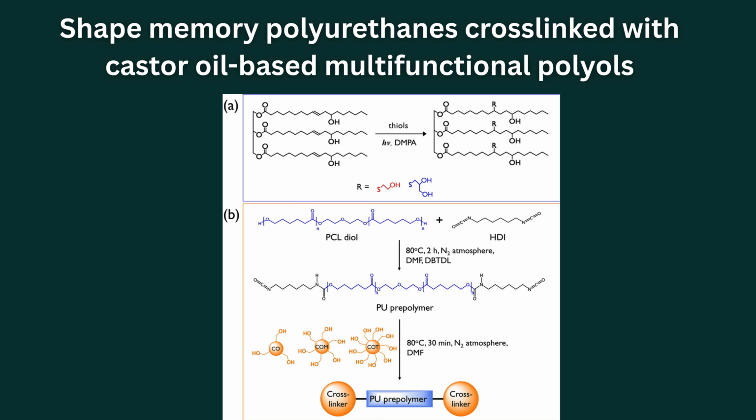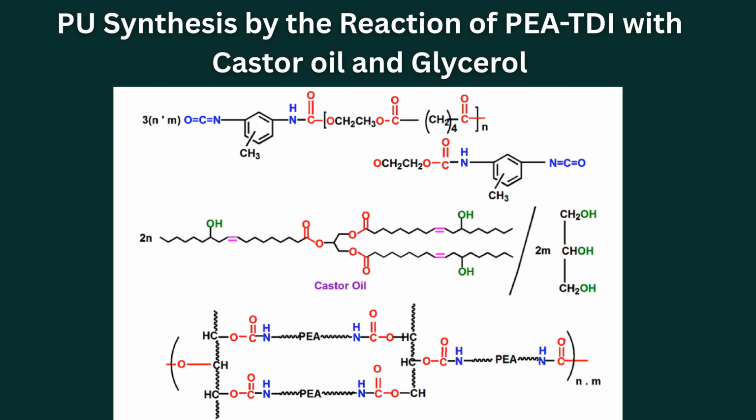By adjusting the ratio of reactants and the degree of cross-linking, materials ranging from soft elastomers to rigid thermosets can be produced. For instance, cross-linked polyurethanes synthesized using castor oil, glycerol, and diisocyanates exhibit excellent elasticity and biodegradability. The incorporation of glycerol enhances stiffness and homogeneity due to its compatibility with polar isocyanates.